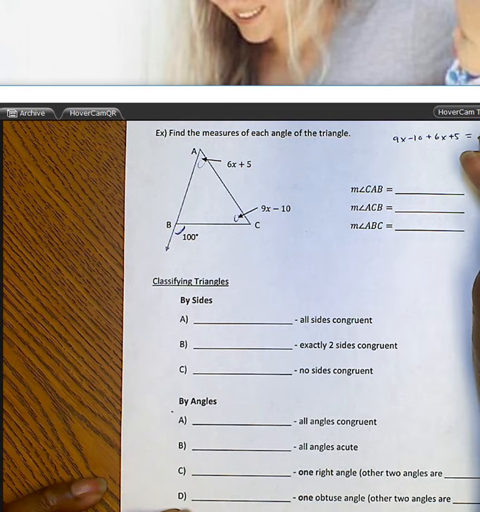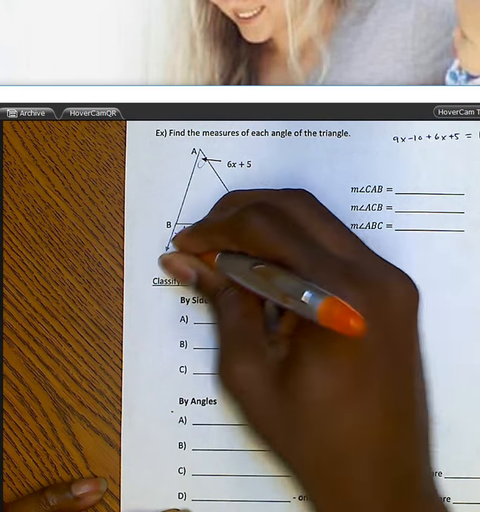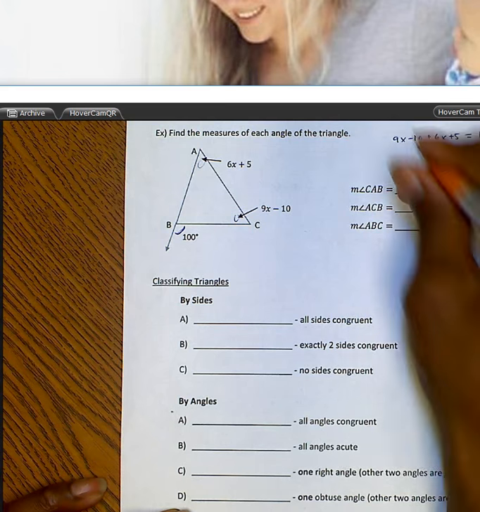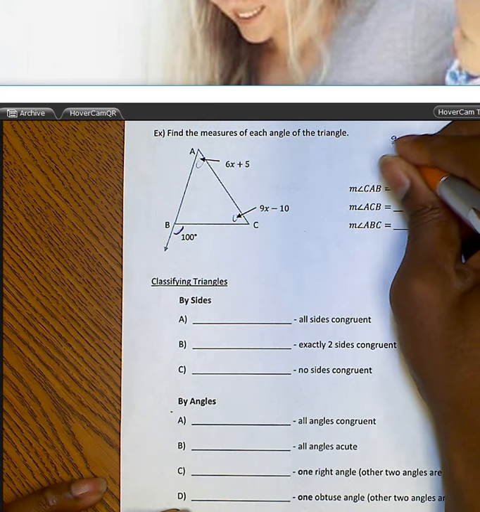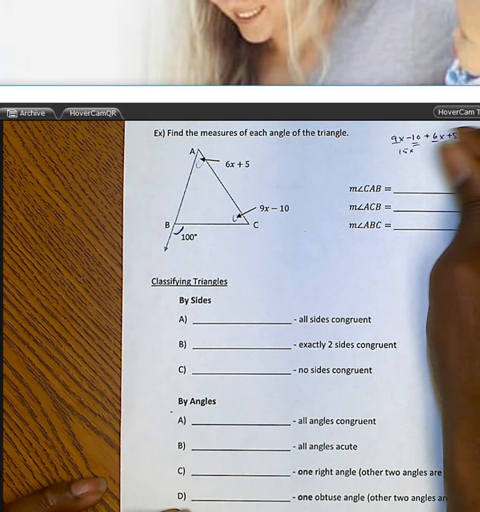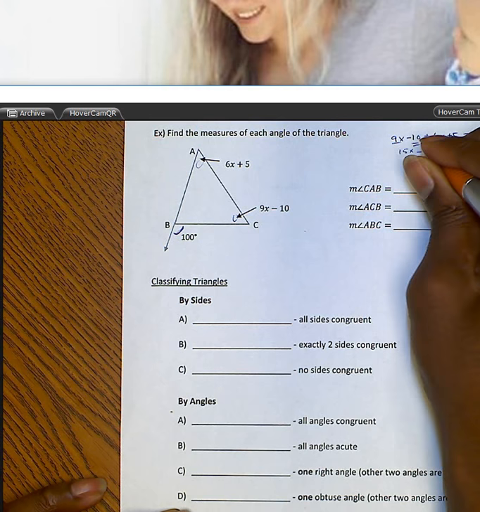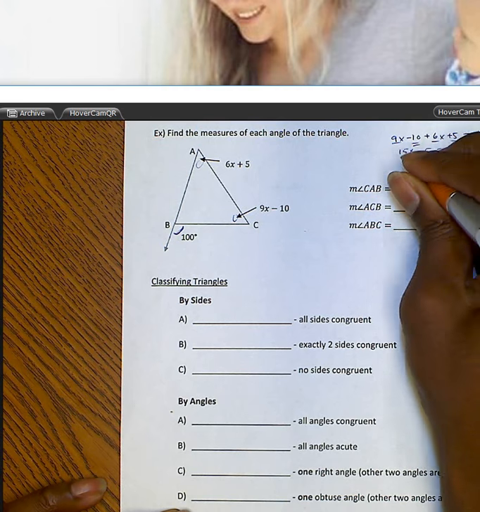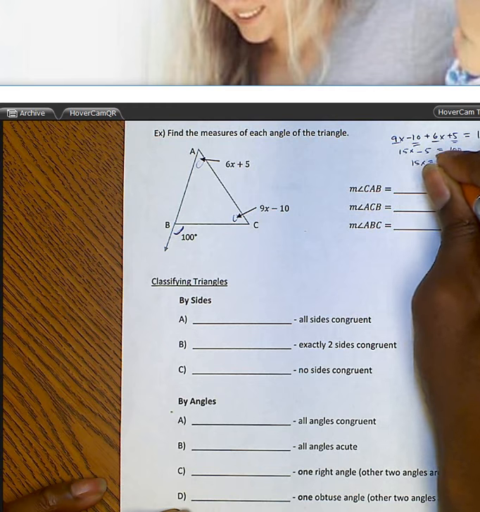It's the remote exterior angle. And so now we can solve it. Adding these like terms together, 15x minus 5 equals 100. 15x will equal 105 by adding 5 to both sides.